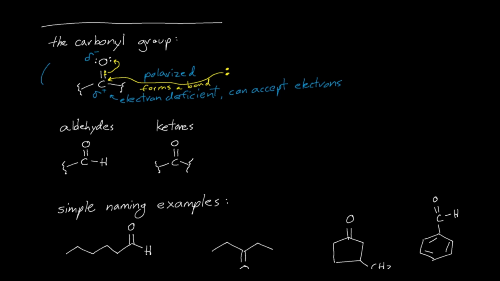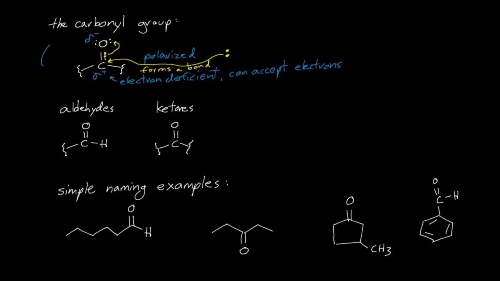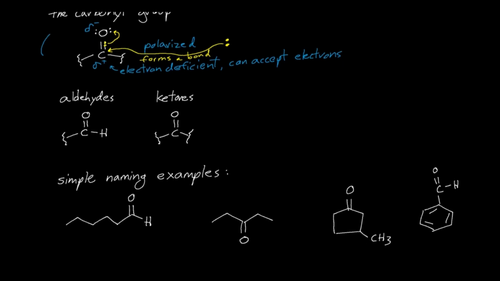So you have bond forming, bond breaking. Aldehydes and ketones, being so similar in structure, both react this way. And really that's going to govern all of the reactions we see in this unit.